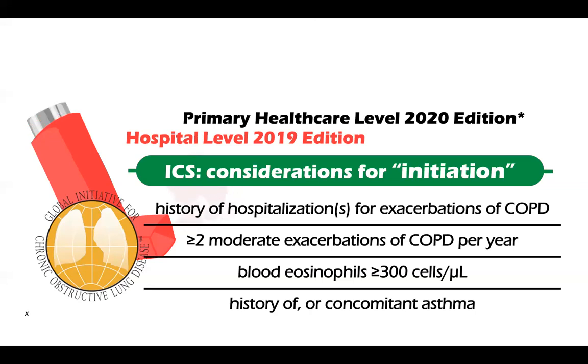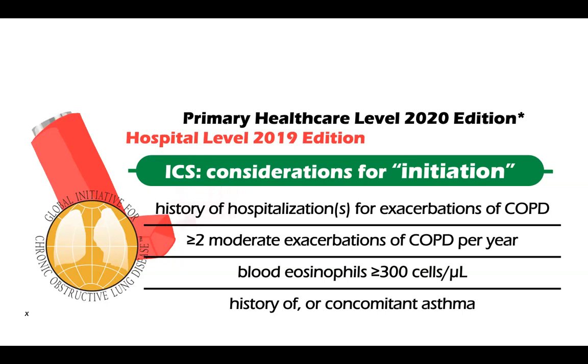So when they got 2 or more moderate exacerbations in the past year, those patients are strong candidates for ICS. And whenever you pull blood and the blood eosinophil count is 300 or greater, those patients should ideally be offered ICS, or if you happen to offer them ICS, you know that you've offered them a therapeutic modality that will be mostly beneficial to them.